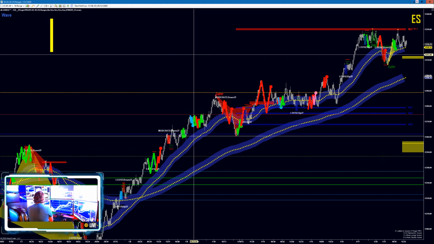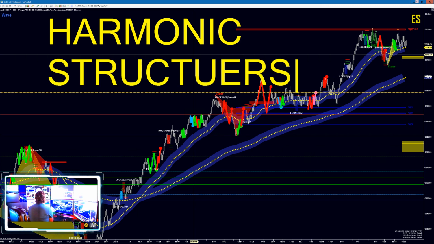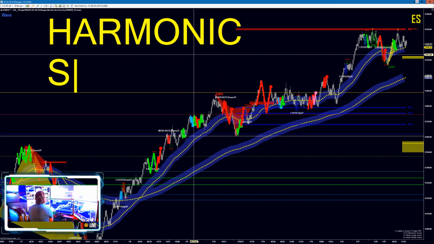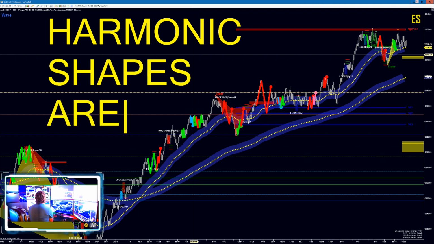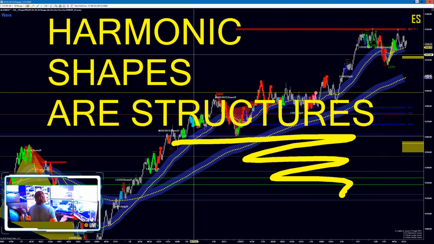Write this down, or just know this. Harmonic structures, well, I'll call them shapes because it would be redundant, are structures. Think about that.